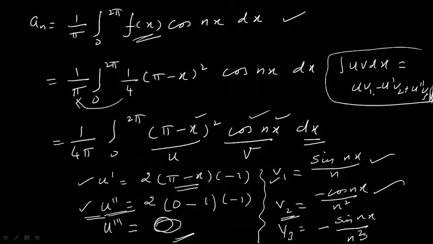Okay. Now, your an is equal to 1 divided by 4 pi times [u v1. What is your u?